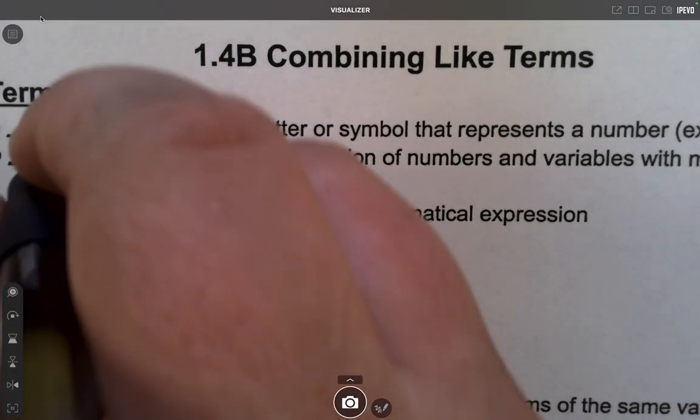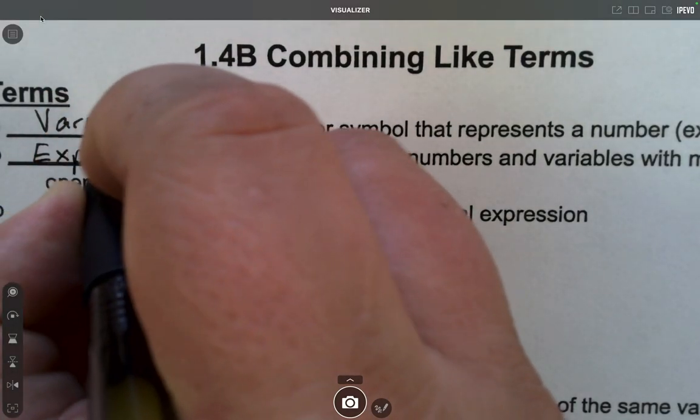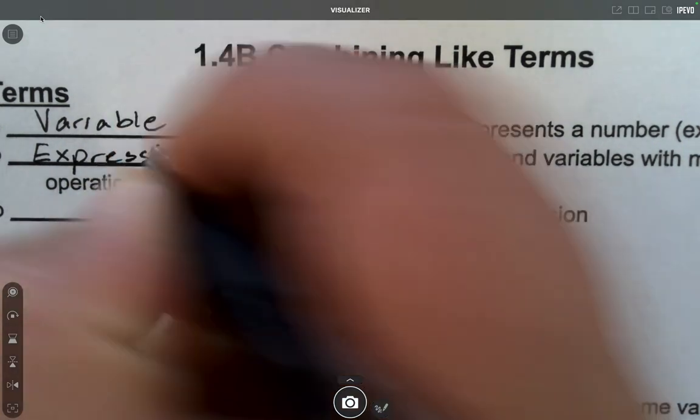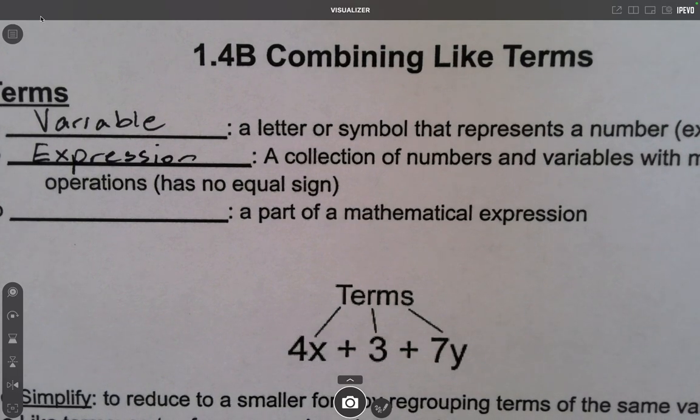Now, an expression is a collection of numbers and variables with math operations. So math operations would be like addition, subtraction, multiplication, division. It could also be exponents.